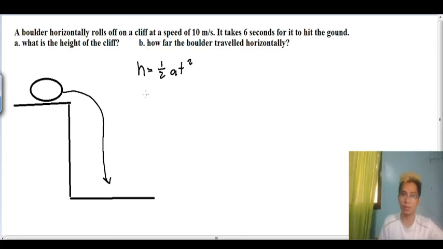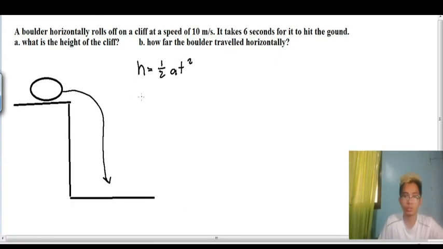When you are finding the height, you need to have your time, and when you are finding the time, you need your height as a given. Here, you don't have your height, so you're finding the height.